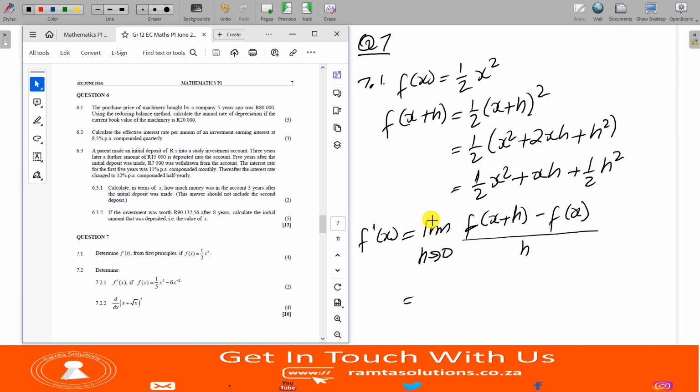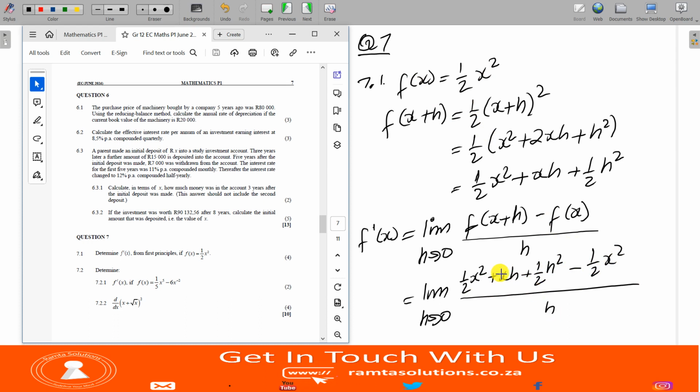So this becomes the limit as h tends to 0, where there's f of x plus h, we write this expression as is: half x squared plus xh plus half h squared, minus f of x, which is half x squared, all over h. Now, as you can see, the half x squared gets cancelled. So what are we left with?